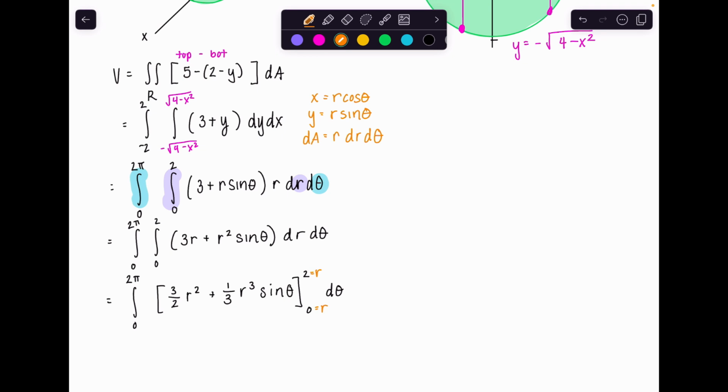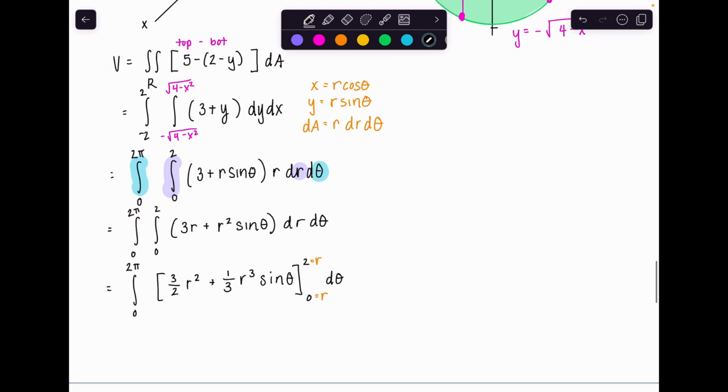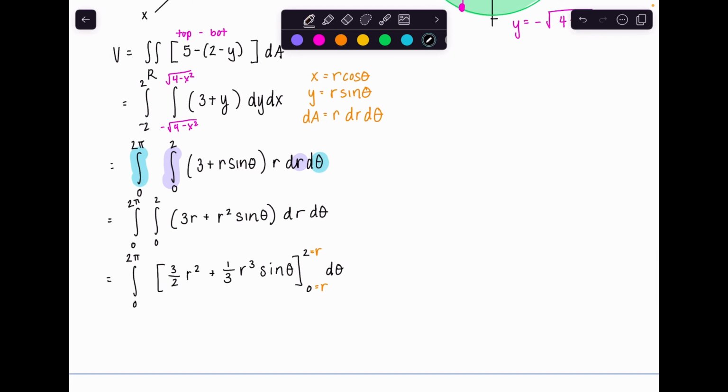Thankfully, when I plug in 0, everything is going to cancel, so I really just need to worry about plugging in 2. When I plug in 2, r squared will be 4, divided by 2 gives me 2, so this will become 6. And then 2 cubed is 8. So it's 6 plus 8/3 sine of theta.